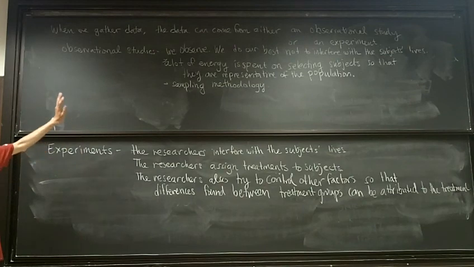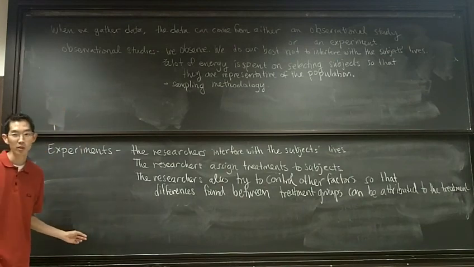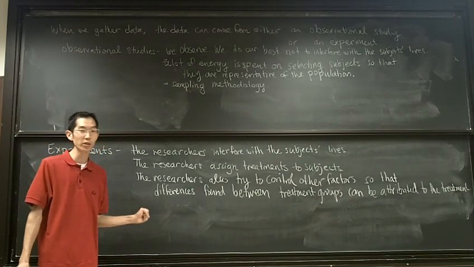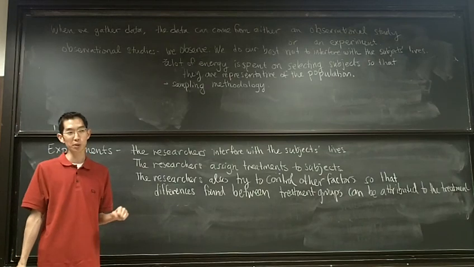So one of the main consequences of this is that from an experiment, if it's well designed and well done, we can draw cause and effect conclusions from the experiment.